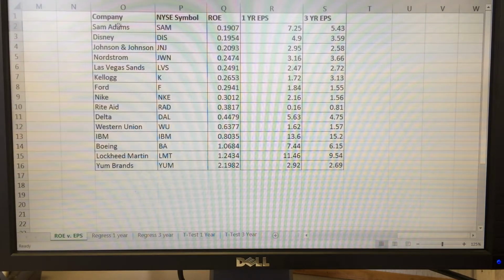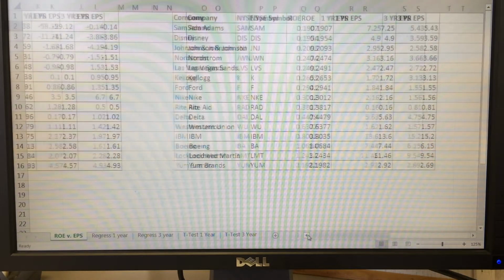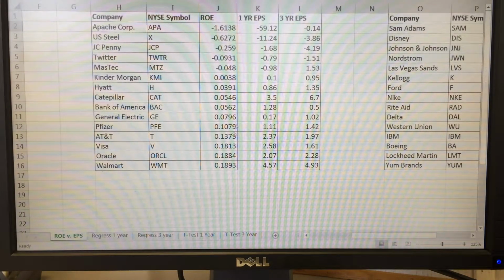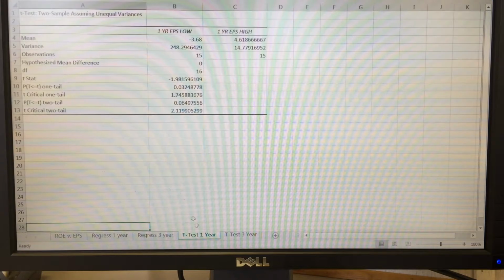The beer guys are doing pretty good. Sam Adams, Western Union, they're giving people money, and so Boeing, Lockheed. It looks like our plane makers are doing really, really well. And Yum Brands, they make all kinds of food products. So taking that info, I did a t-test to show the 1 year high and the 1 year low.